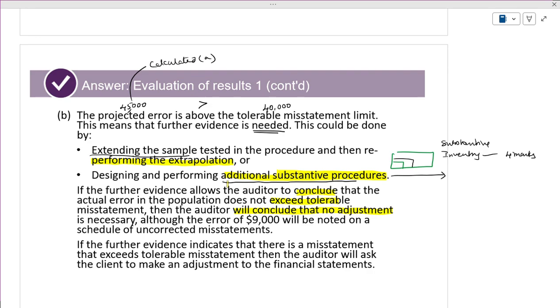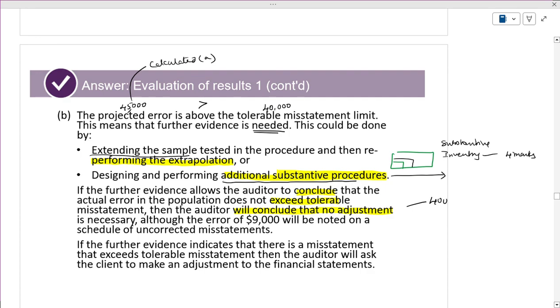Read this again. If the further evidence allows the auditor to conclude that the actual error in the population does not exceed the tolerable limit, how much is the tolerable limit? There are 2 cases.